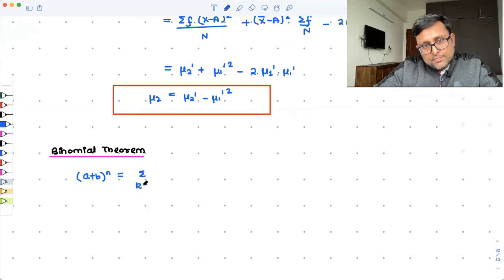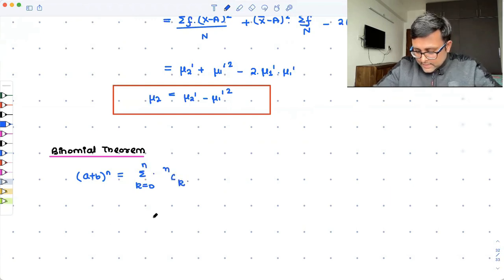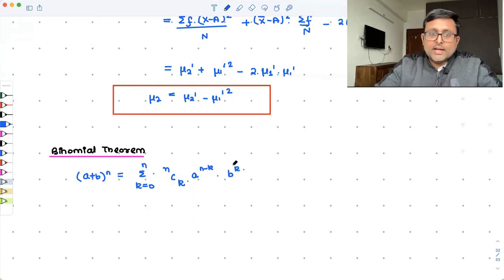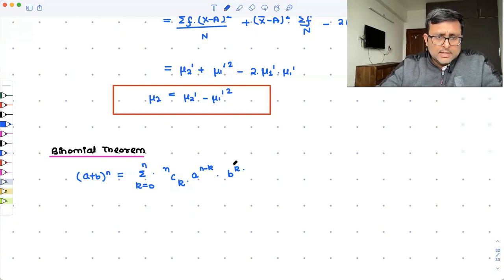Summation of k starting from 0 to n, nCk a to the power n minus k into b to the power k. You write it like this. This is what the binomial theorem is. You have done this in class 11th also. Just as an example's sake, I'm writing, let's say a plus b to the power 4.